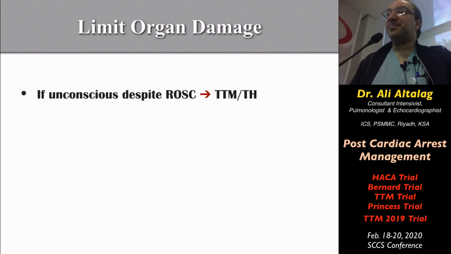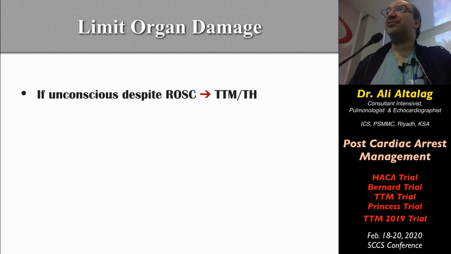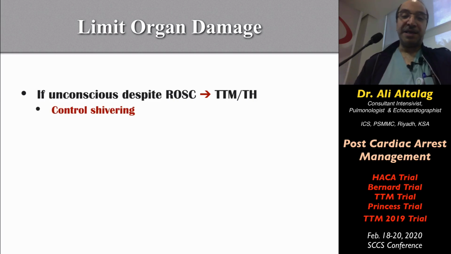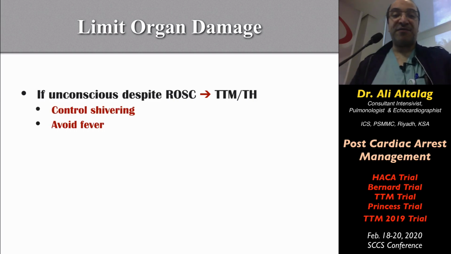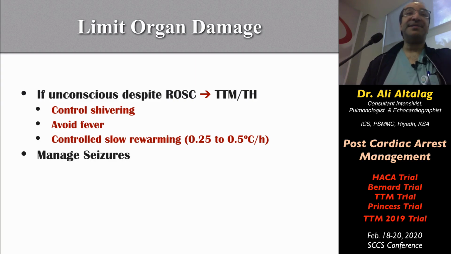The third part is limit organ damage. And as I've mentioned, CNS is the most important. So if unconscious despite return of spontaneous circulation, then consider targeted temperature management or therapeutic hypothermia. You have to control shivering, avoid fever, controlled slow rewarming at this particular rate in most studies.